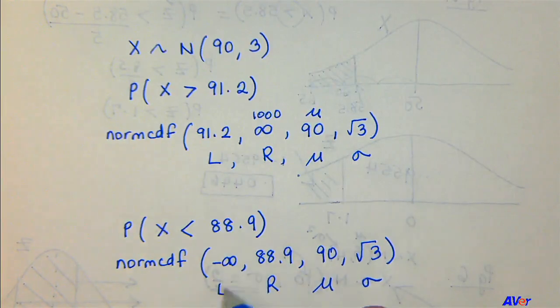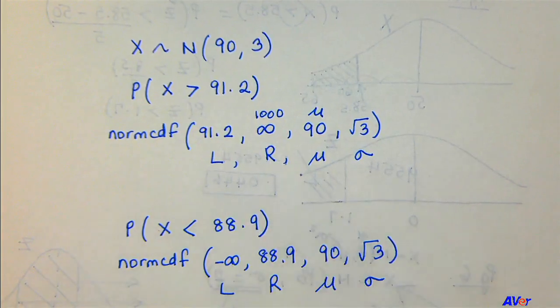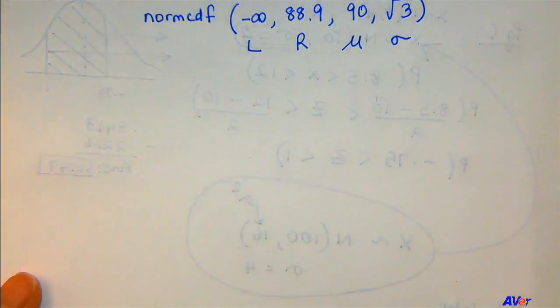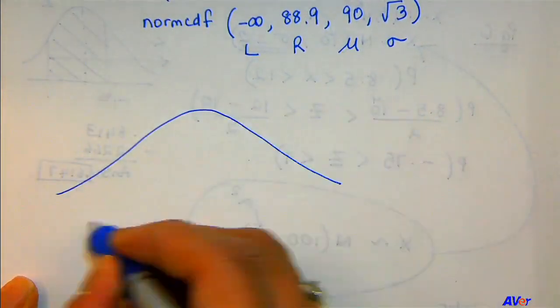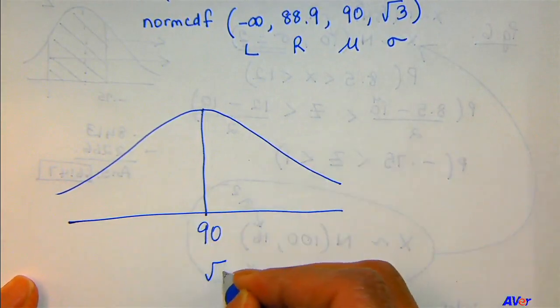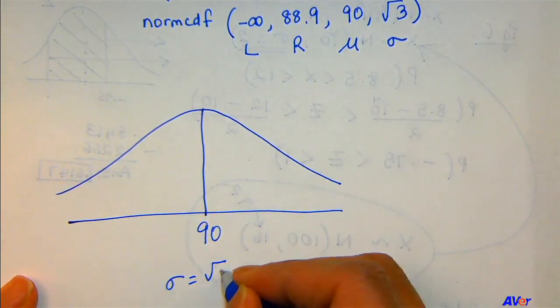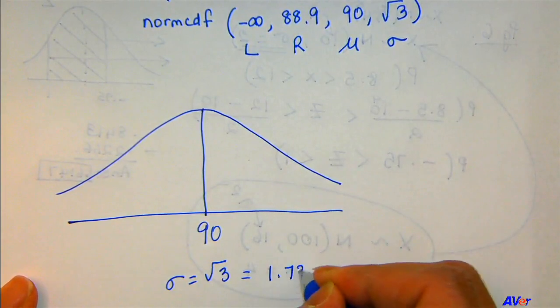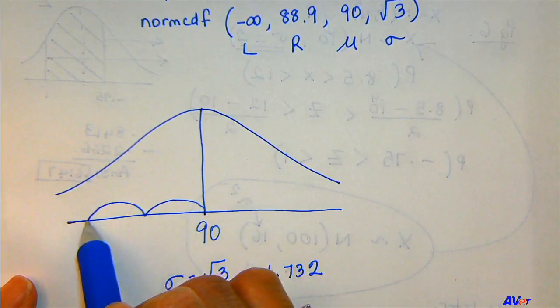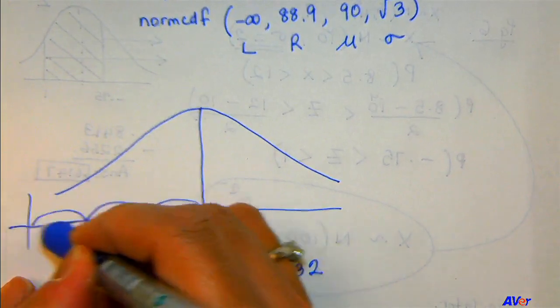So putting something here like a 0 would be okay also. And putting something negative would be fine too. Because you look at this curve for a minute. If I have a curve like this with a mean of 90 and a sigma equals rad 3, which is 1.732, I know that going a 1.7, a 1.7, and a 1.7 will bring me to the end of my curve.